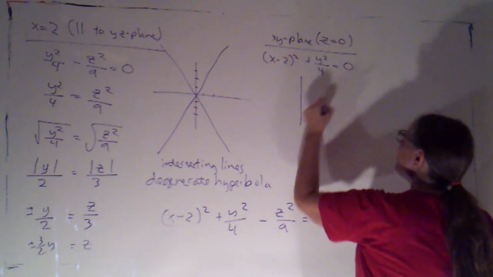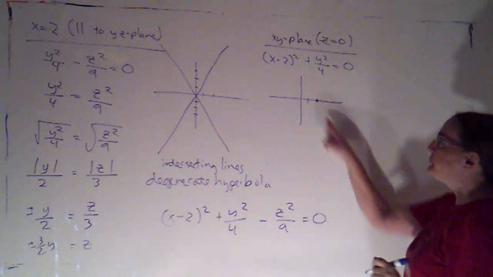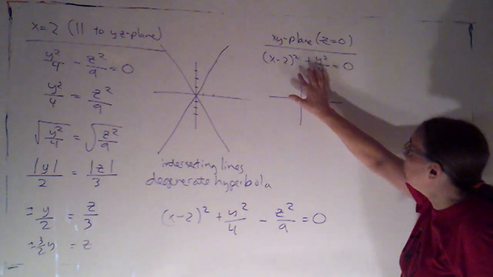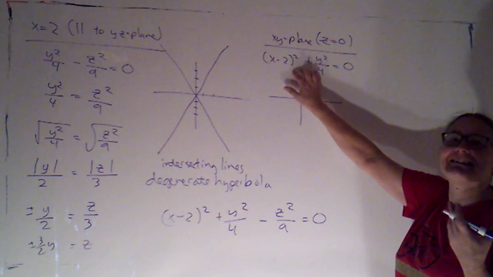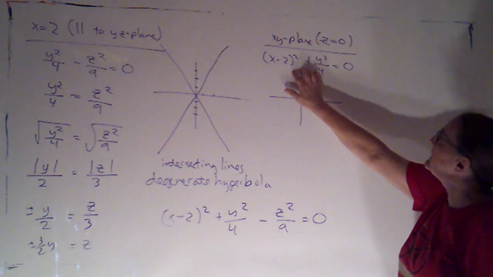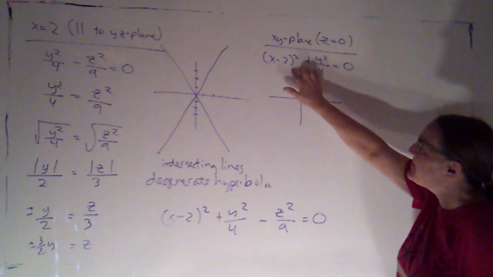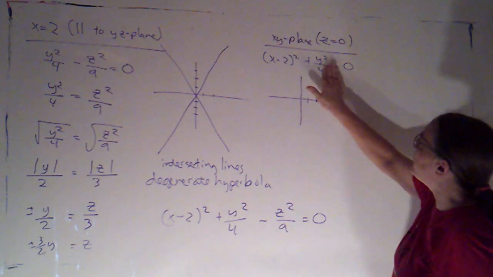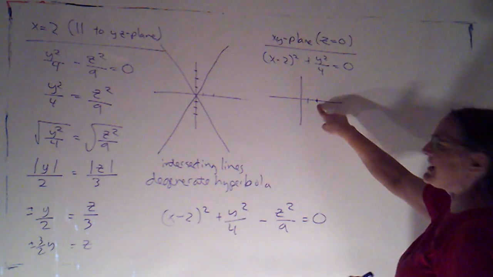Now that does have a solution. 2, 0 is the only point that makes that true. Because this left-hand side is non-negative. It can be 0 or it can be positive, but the only thing that's going to make it 0 is if both of these terms simplify to 0. So we just get a single point.